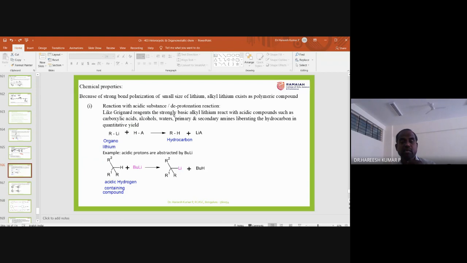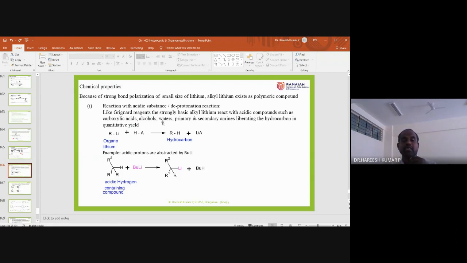That means Grignard won't survive if there are acidic proton containing functional groups. Similarly, organolithium is also sensitive towards acidic compounds, in the sense of proton containing compounds.